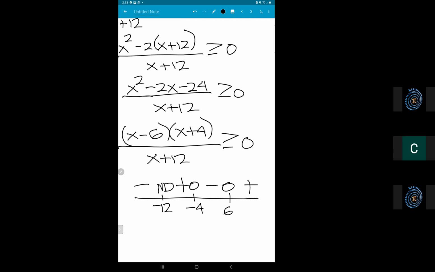So we have solution set. Okay, greater than or equal to 0. So negative 12 open, negative 4 closed, union 6 closed, infinity. Is there any question? So in other words, you do algebra first and then the sign chart method to solve the inequality.